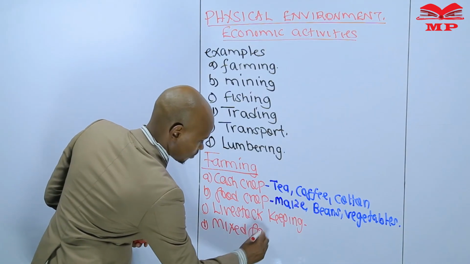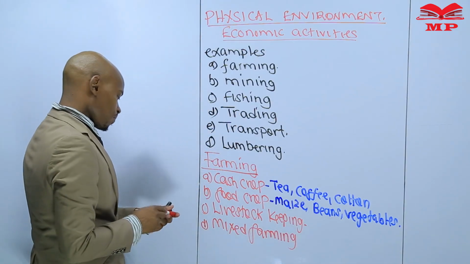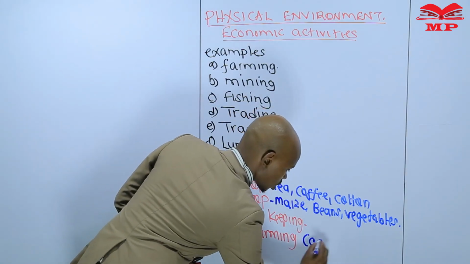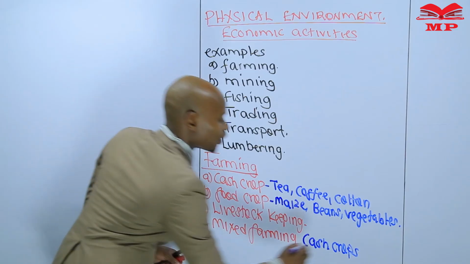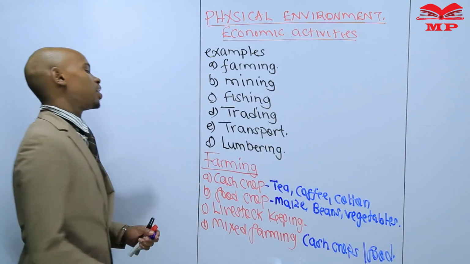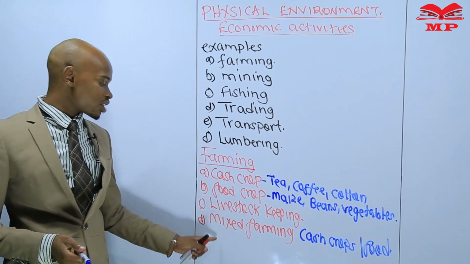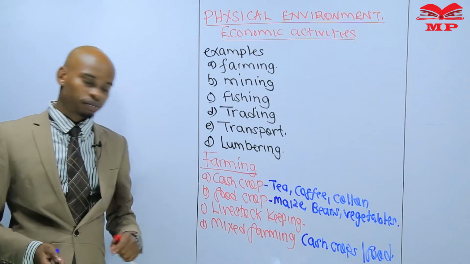Mixed farming is made up of both. Cash crops are there and food crops are also there. If they are both there, then whatever they are practicing in that area is called mixed farming.